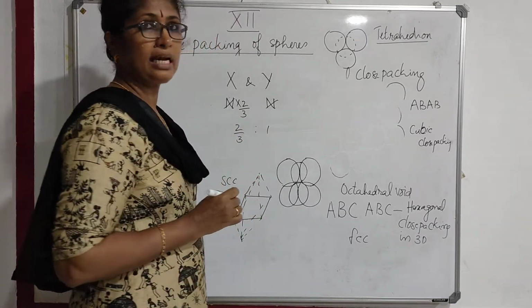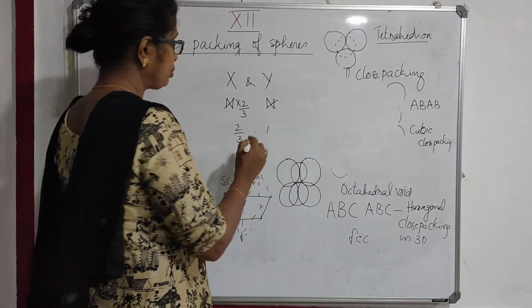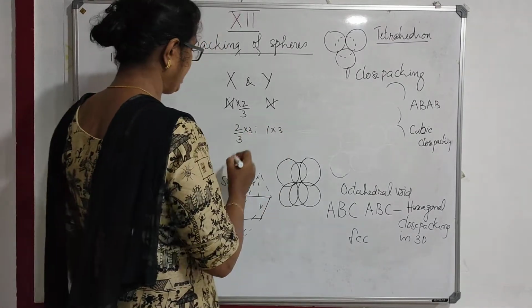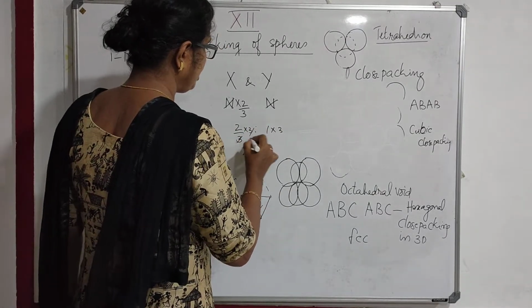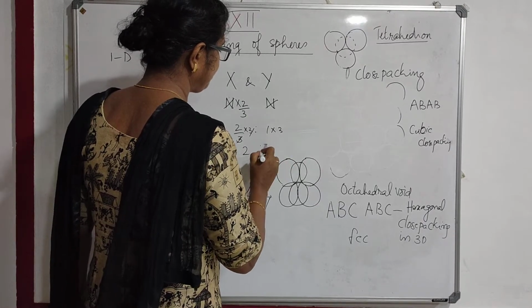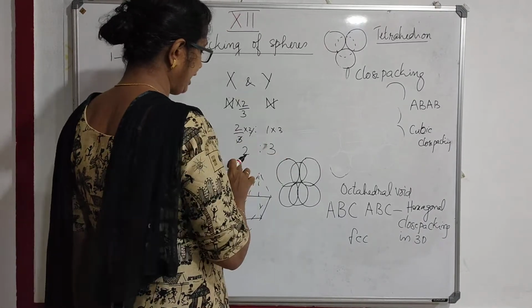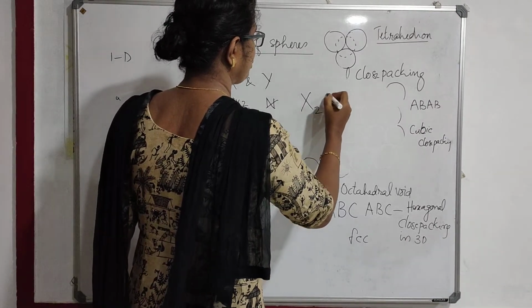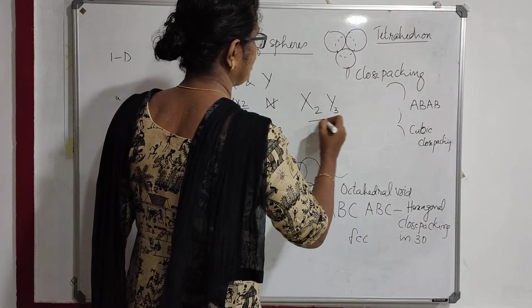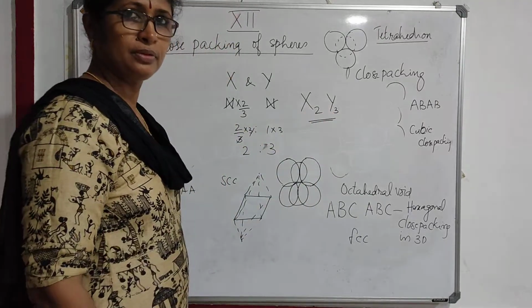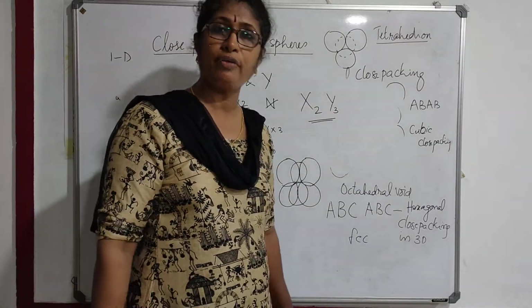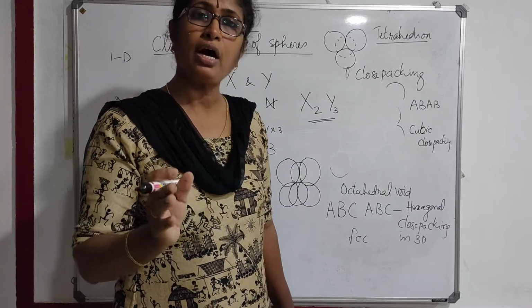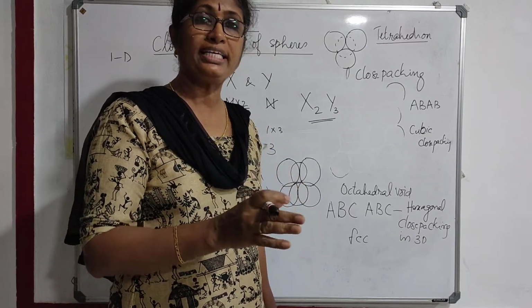But we cannot write it like this as a fraction, so multiply both by 3 to remove the fraction. You get 2, then here 3. So if there are 2 X, there will be 3 Y. The formula is X2Y3. This is the formula of that compound. So you can find out the formula of a compound if you know how many of the voids are occupied.